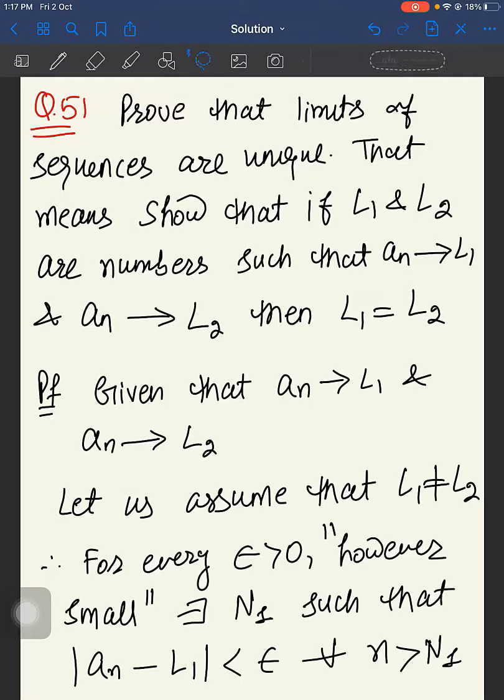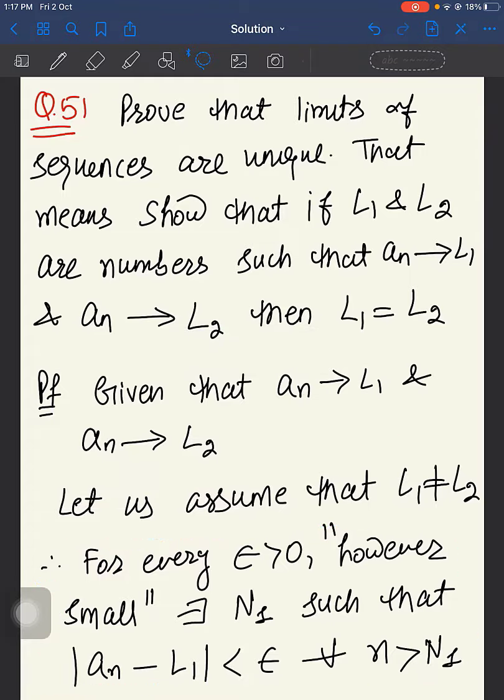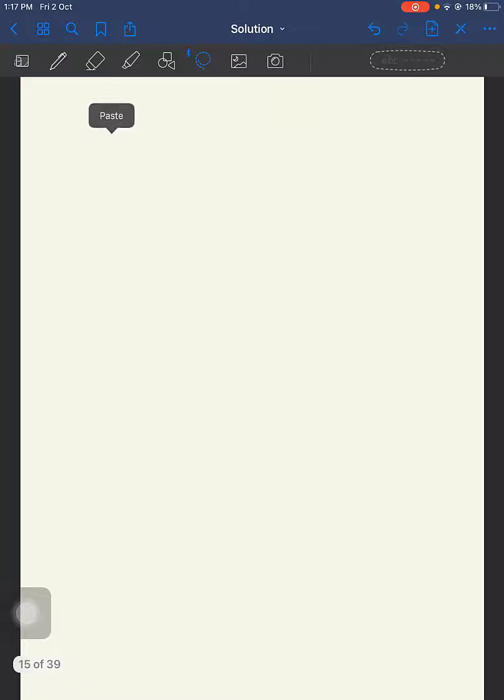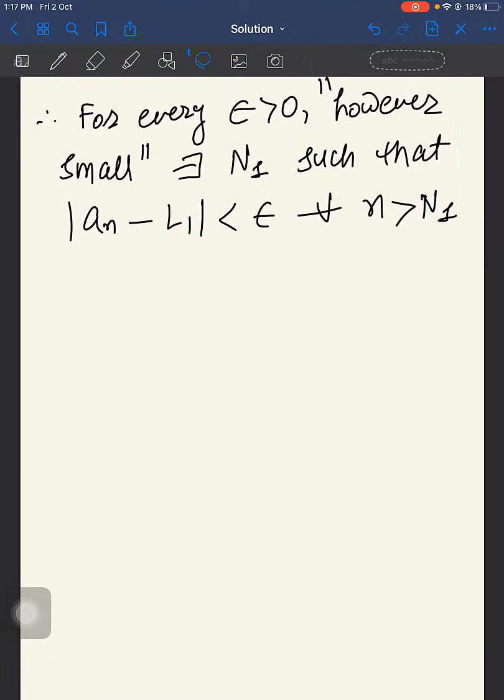Now this same thing will hold for L2 as well, right? So I'll paste the same thing over here. The only difference would be what? Since we are doing this for L2, we must have some different defender. So for L2, let's say there is a defender N2.